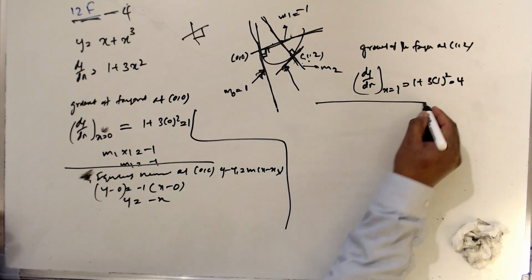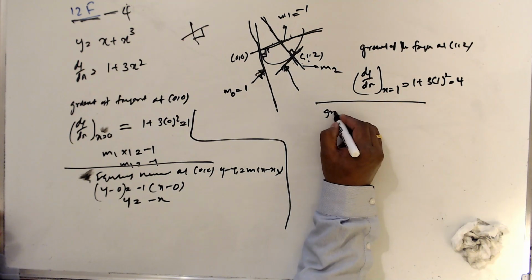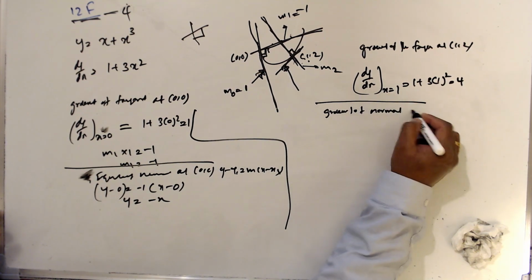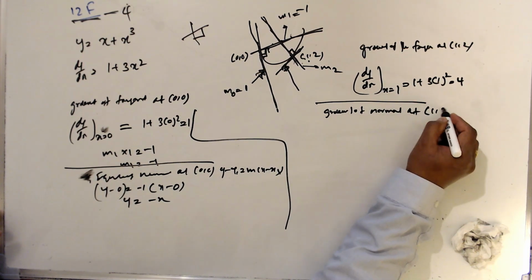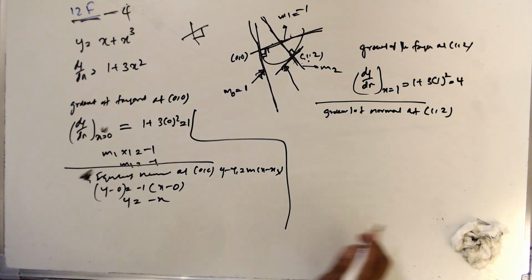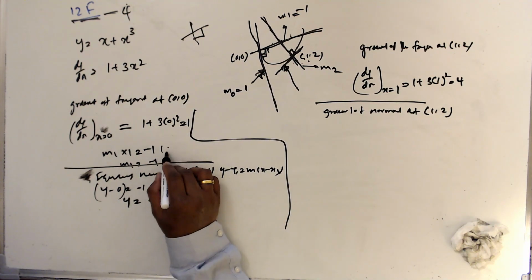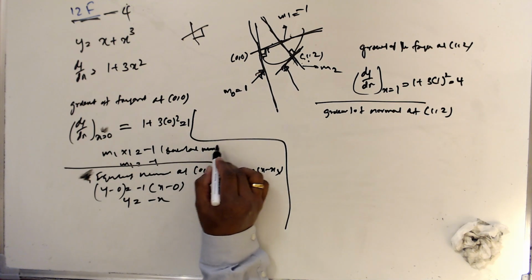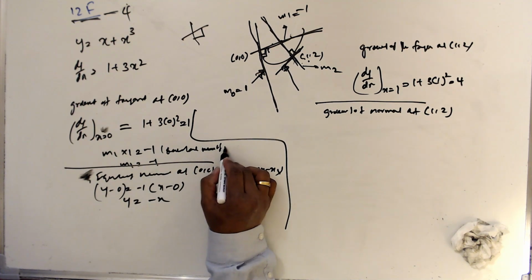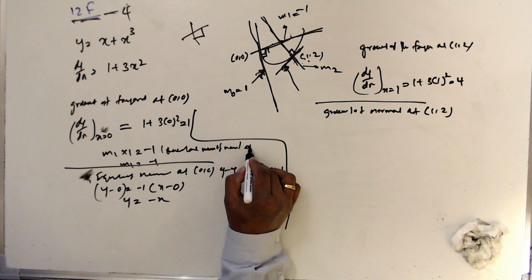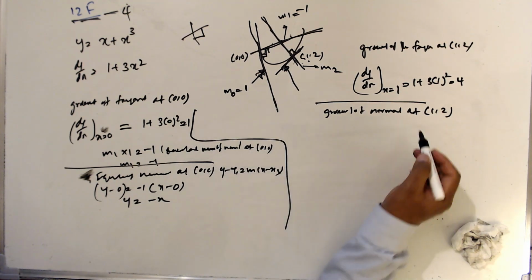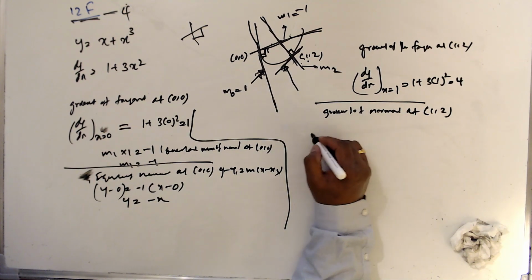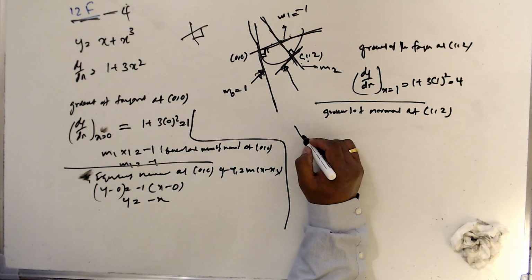Now we'll find the gradient of normal at 1, 2. This is the gradient of normal at 0, 0. This is the gradient of normal at 1, 2. We know the perpendicular gradient; this is 4.